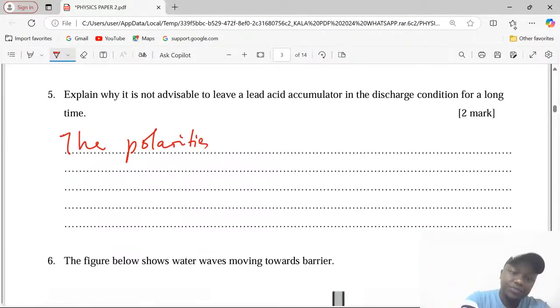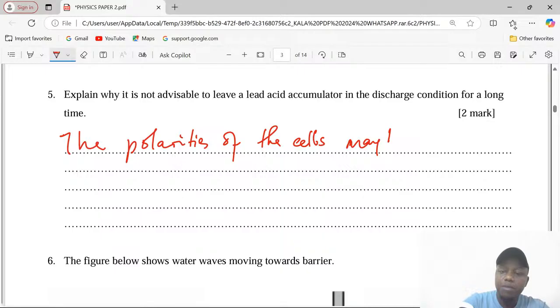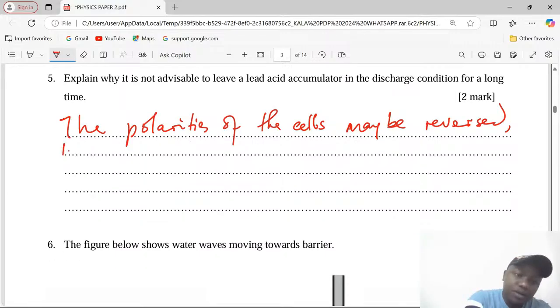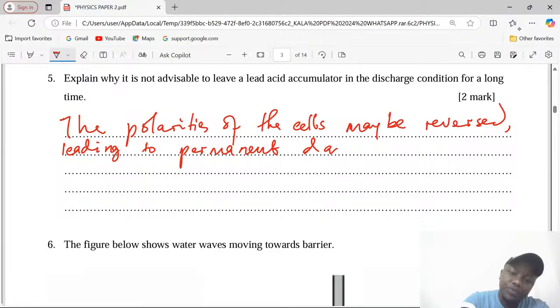may be reversed, leading to permanent damage.